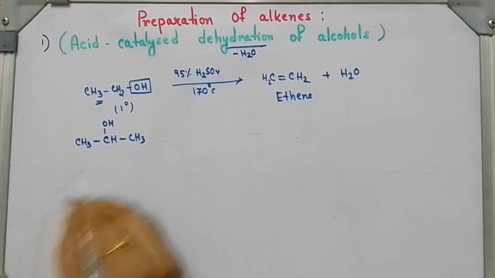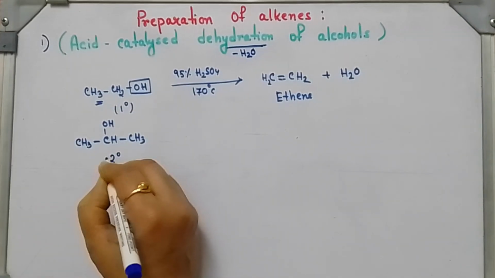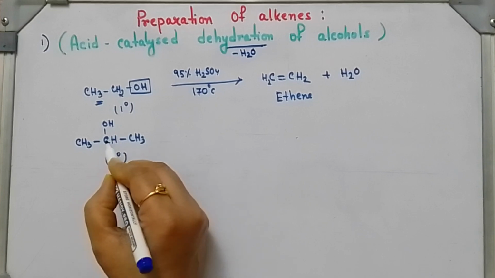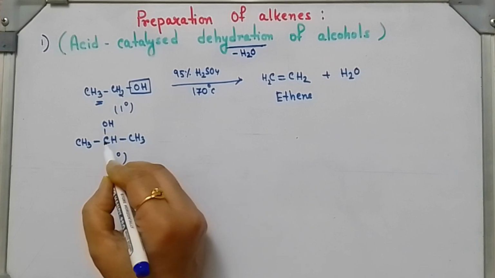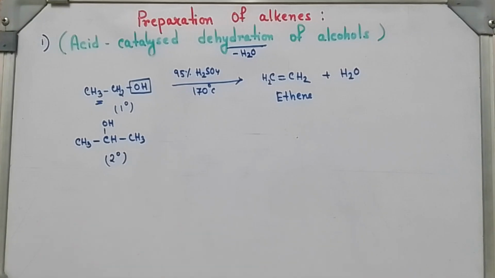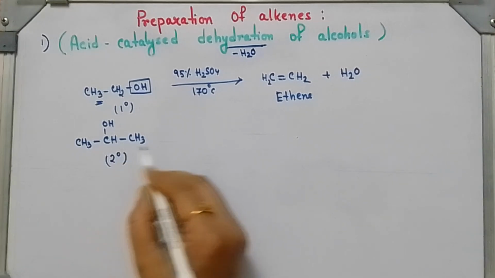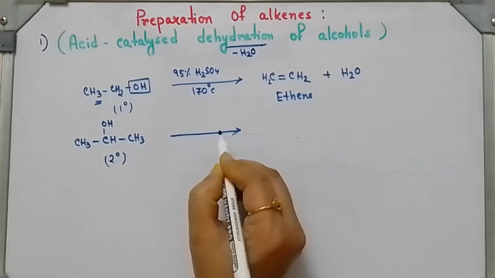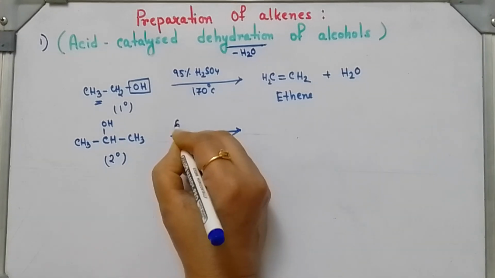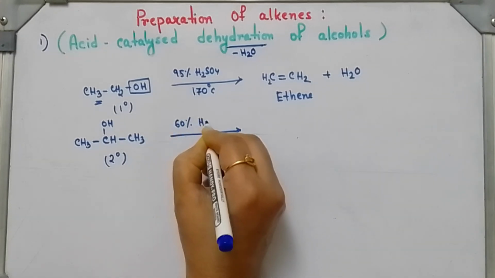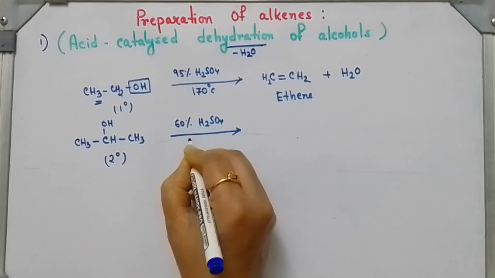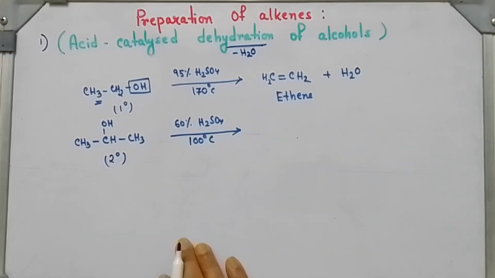For example, if you are using sulfuric acid, take one secondary alcohol. Why is this a secondary alcohol? This carbon where the OH group is attached has 2 more carbon atoms attached, so this is secondary. Here you have to use dilute sulfuric acid, suppose 60% H2SO4, temperature 100 degrees centigrade, means boiling dilute sulfuric acid.